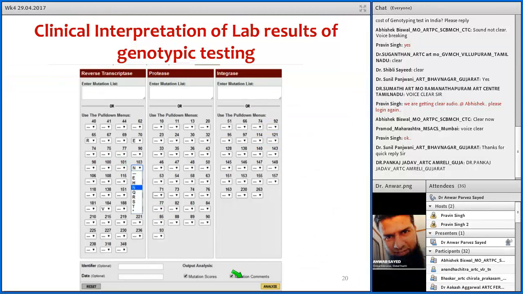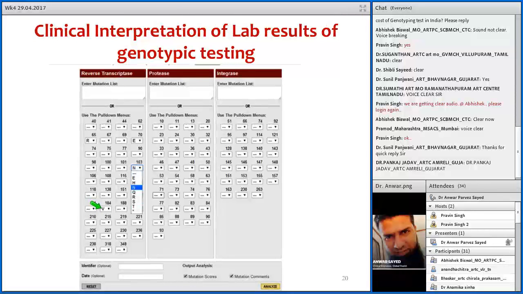Can you see here the analyze button? So you put whatever mutations you have. For example, M184V we saw, that is for reverse transcriptase. Again, if you can find it out here, there is the 184th position. You need to click it here, and you can see we have already put 184V.